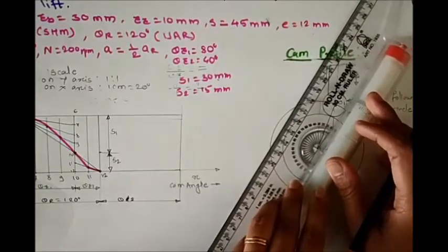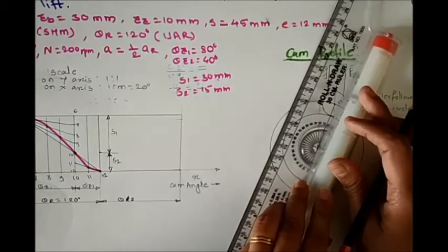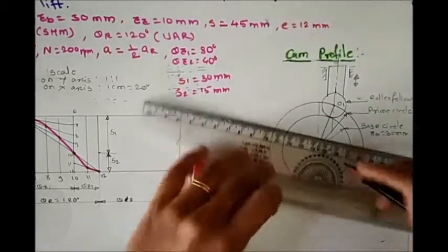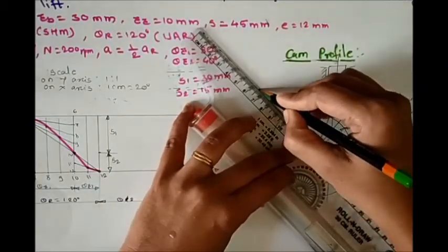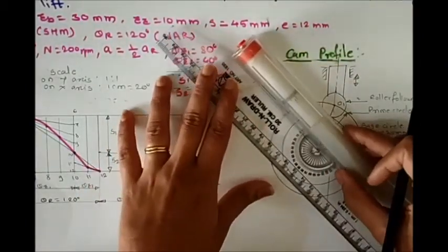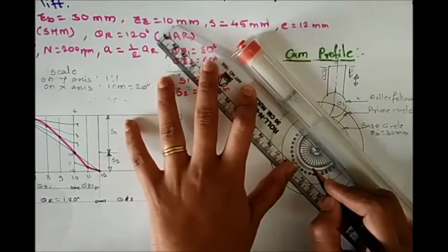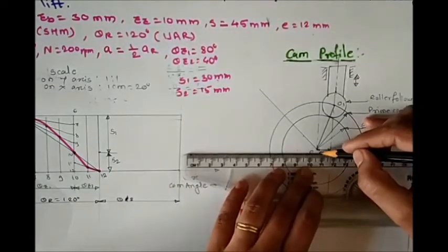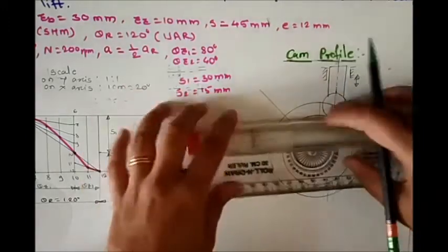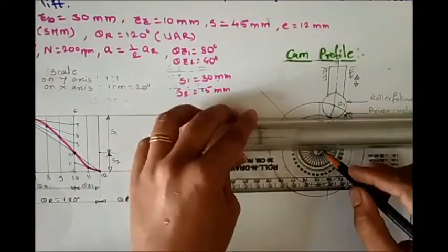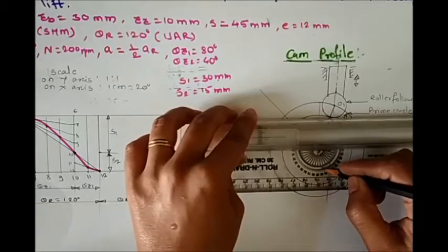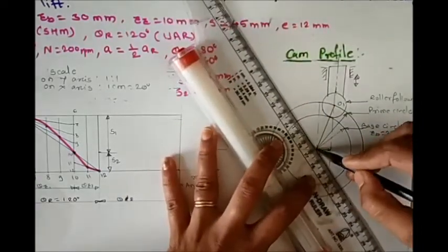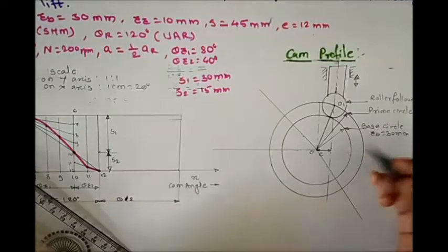From this line we are going to take the first outstroke angle, that is 70, then join with the center via a line, then the dwell is equal to 45 degrees, so take the next angle equal to 45 degrees, then the return stroke is equal to 120 degrees, so here we get the division of angles.